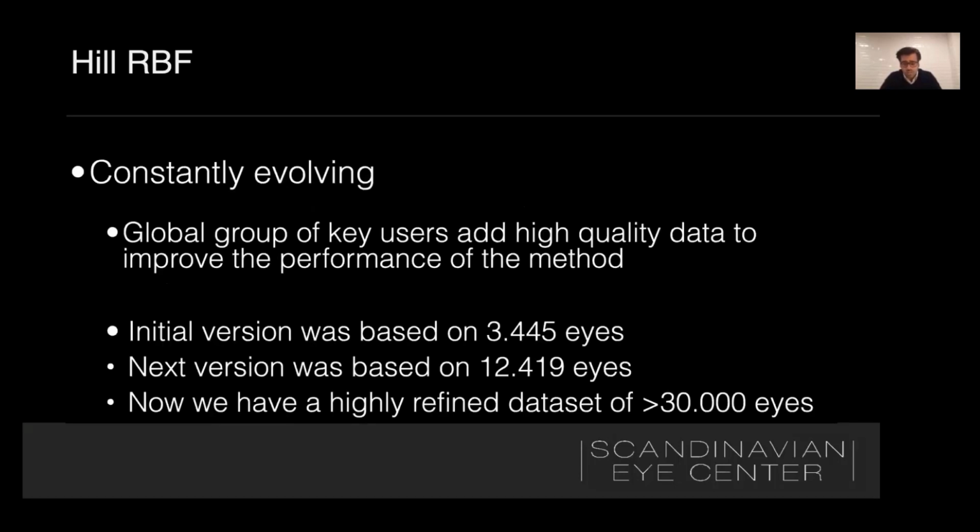It's constantly evolving, which is one of the key things I really love about this method. As we've heard, the initial version had around 3,400 eyes. Version 2.0 was over 12,000 eyes, and now we have a highly refined data set of over 30,000, which is really, really impressive.